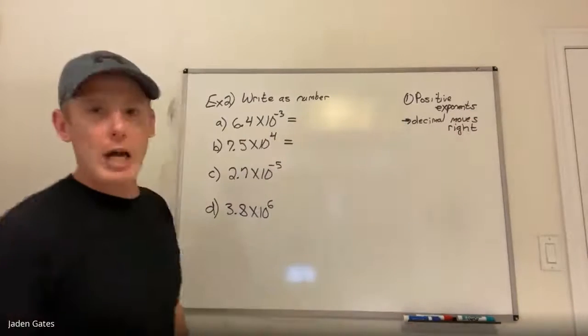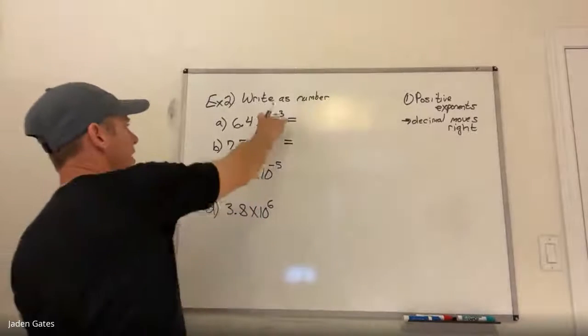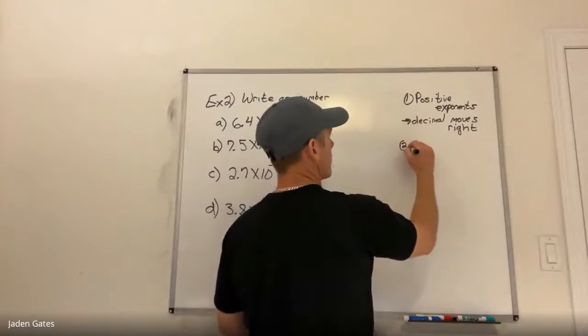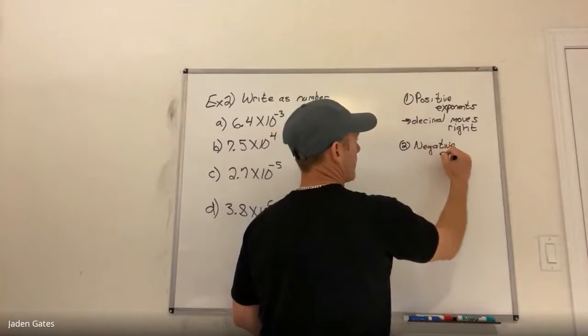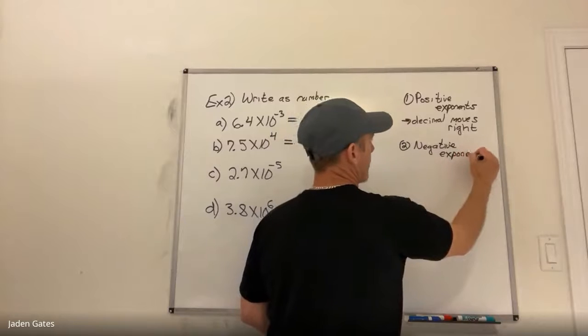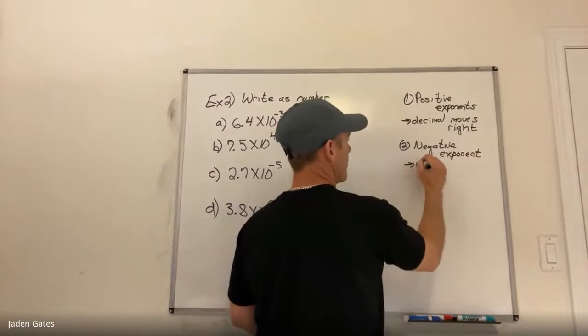And guess what? The opposite is true. So if I have a negative exponent, the decimal moves left.